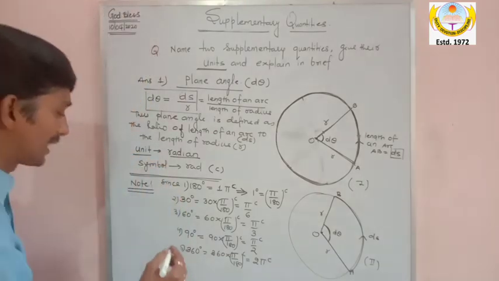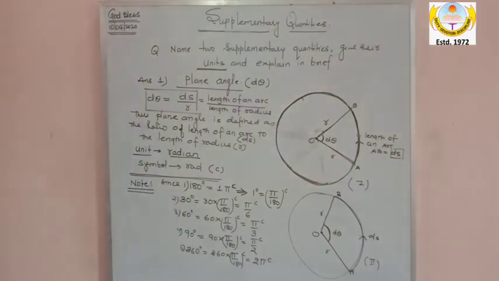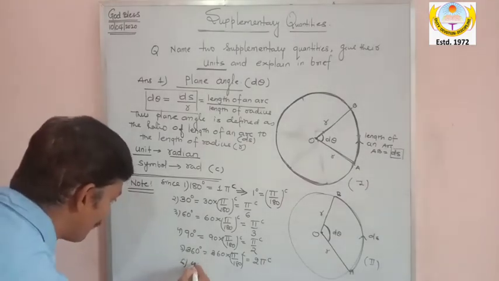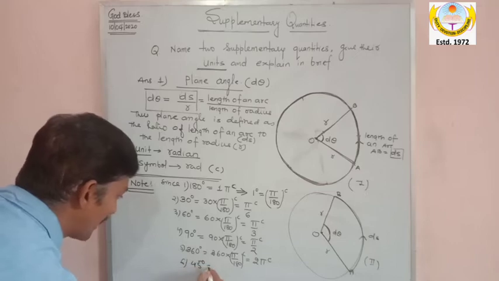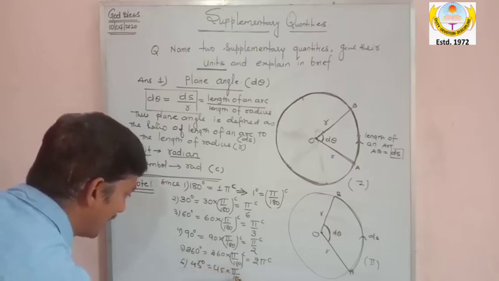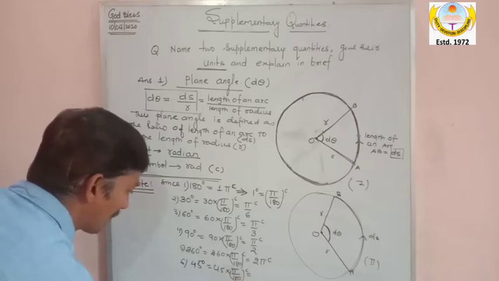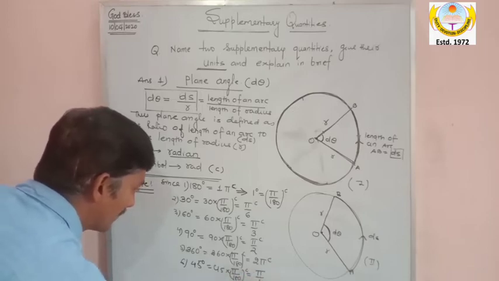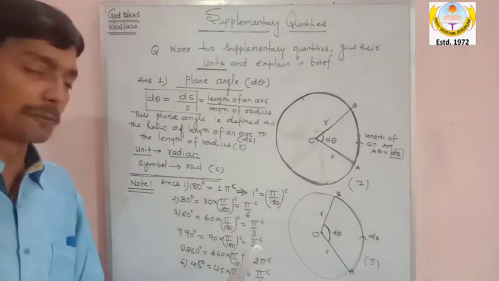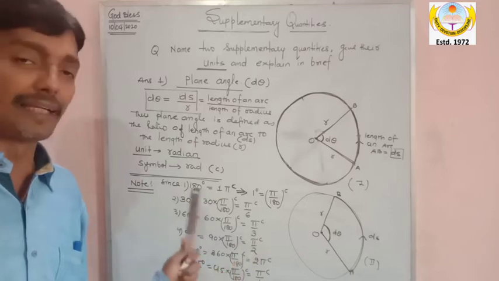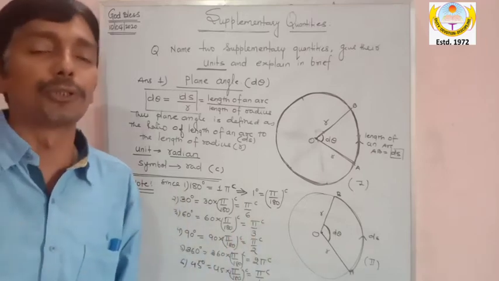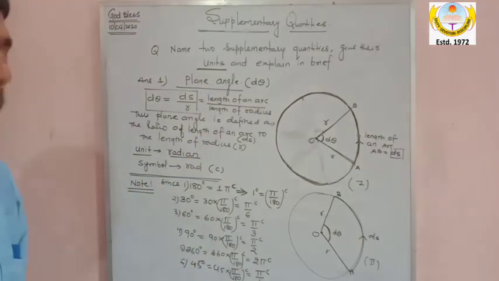Similarly, if anybody asks me how much will be 45 degree, that will be nothing but 45 into pi by 180 radian, and the answer will be pi by 4 radian. So students should be aware that 90 degrees is pi by 2, 60 degrees pi by 3, 30 degrees pi by 6, 45 degrees pi by 4. Orally you should know. So this is all about, my dear, plane angle.